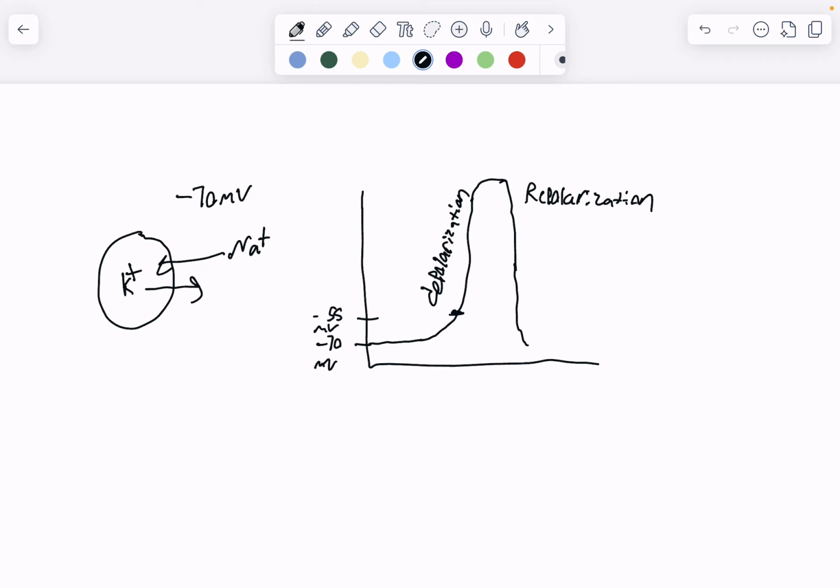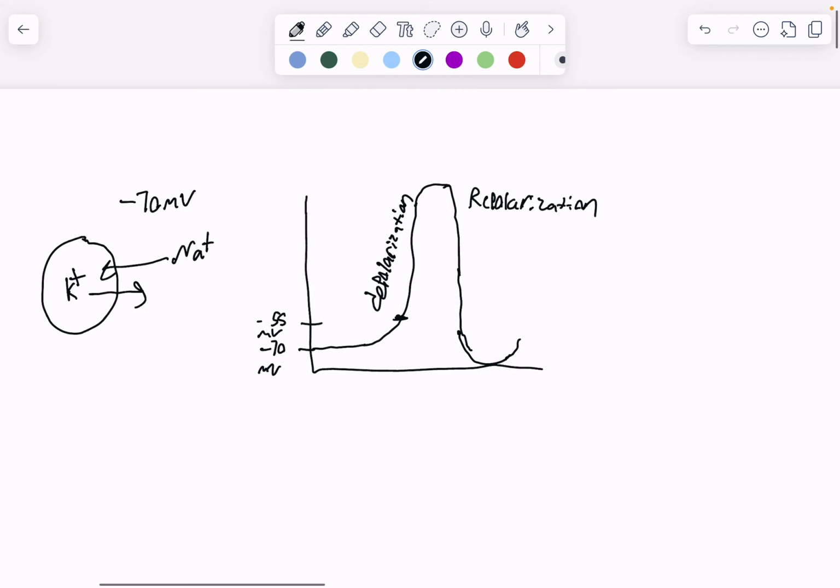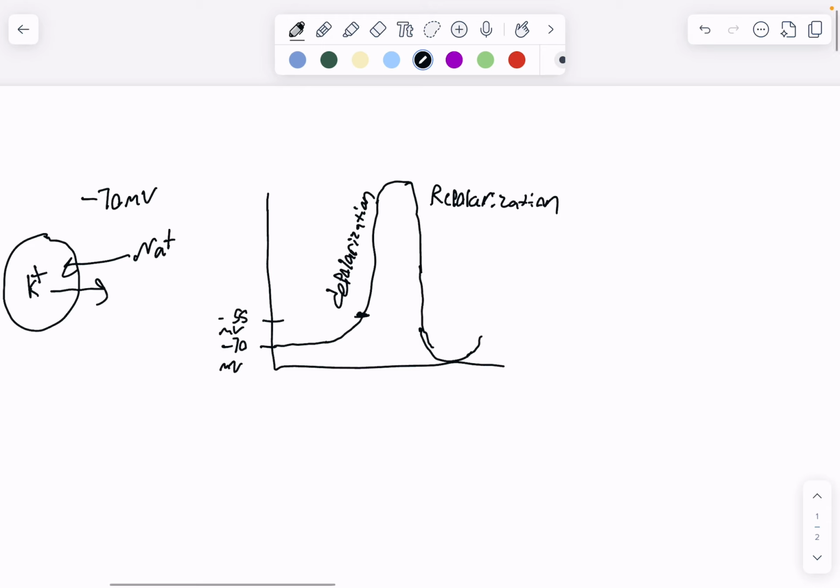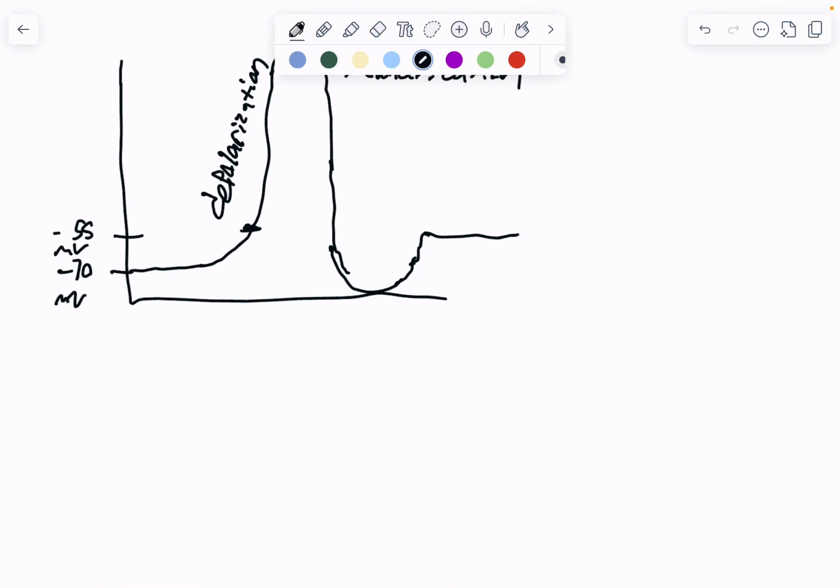Where it's actually going to go and dip below where the negative 70 millivolts is to hyperpolarize during the refractory period, basically so that another contraction, another depolarization cannot occur immediately following. It needs to have a little period of refractory. And then the sodium potassium pump reestablishes the gradient at around the negative 70 millivolts for another depolarization to happen.